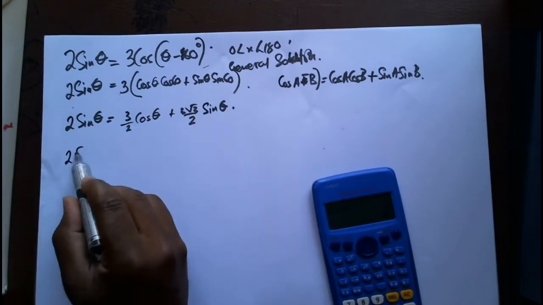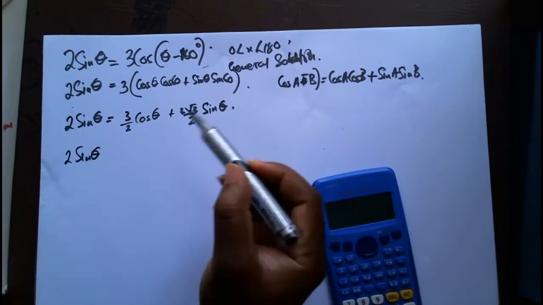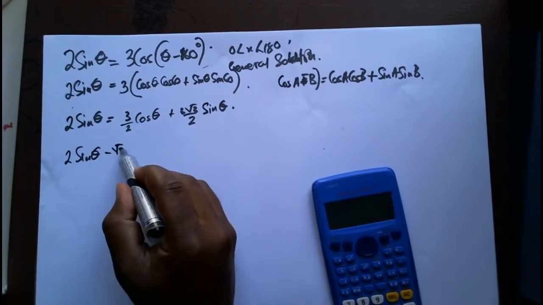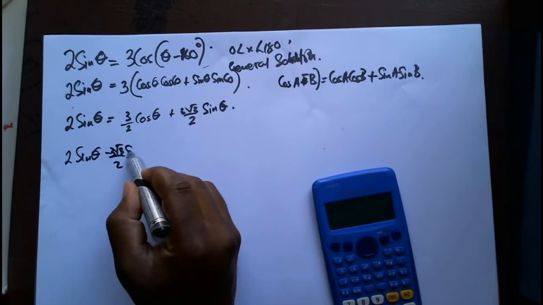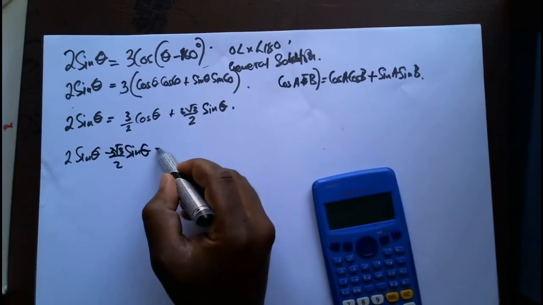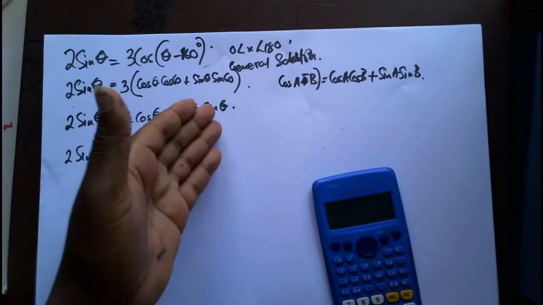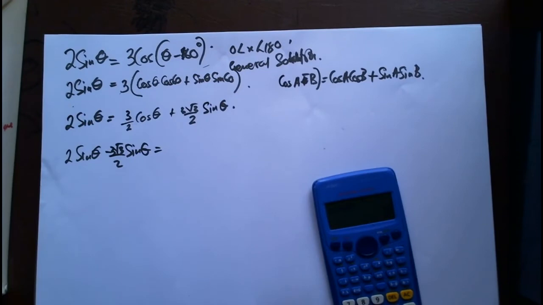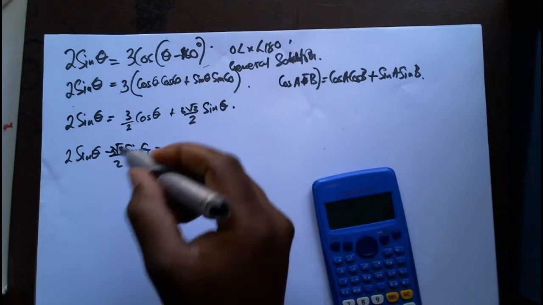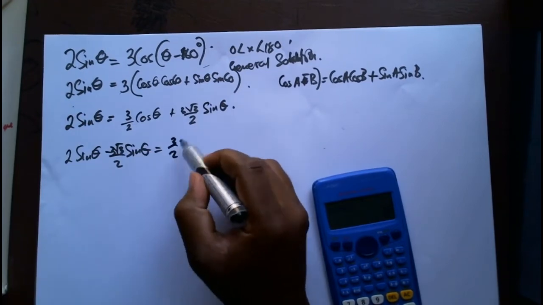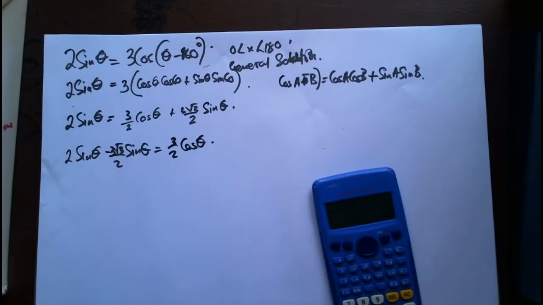It becomes 2 sine theta minus 3 root 3 over 2 sine theta. Why am I taking it to this side? Because it is the same variable, sine theta and sine theta, so I'm grouping them together on one side, is equal to 3 over 2 cos theta.